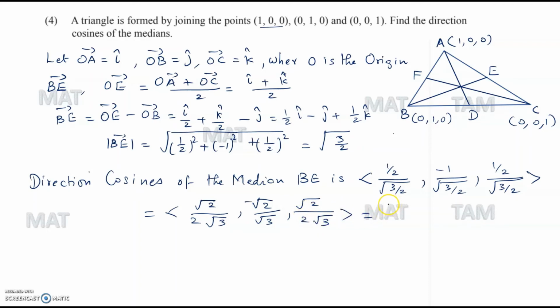So further simplifying this, by using the same method we used for the previous median, we can write this 2 as root 2 and root 2. So it will be 1 by root 6. Further, if we multiply the denominator and numerator with root 2, then you will get this as minus 2 divided by root 6. Similarly, the next one also will be 1 by root 6.